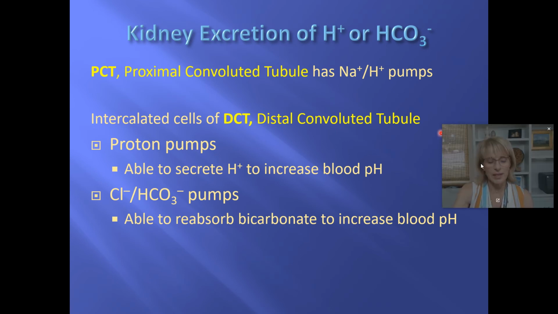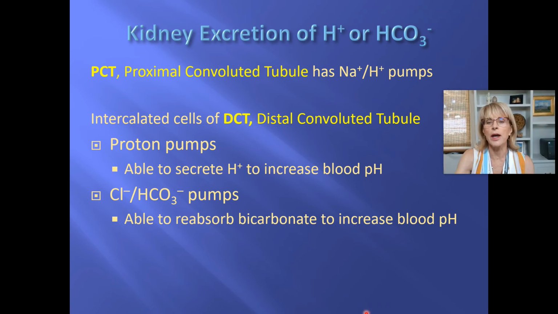So, the kidney's excretion of hydrogen ions or bicarbonate. First of all, it's just useful for the rest of your education to remember that hydrogen ions and bicarbonate are kind of like the two halves of carbonic acid. If we've got too many hydrogen ions, things will be very acidic. If we add more bicarbonate, we end up making things more alkaline, and I'm going to just skip over the chemical reason for that, okay?